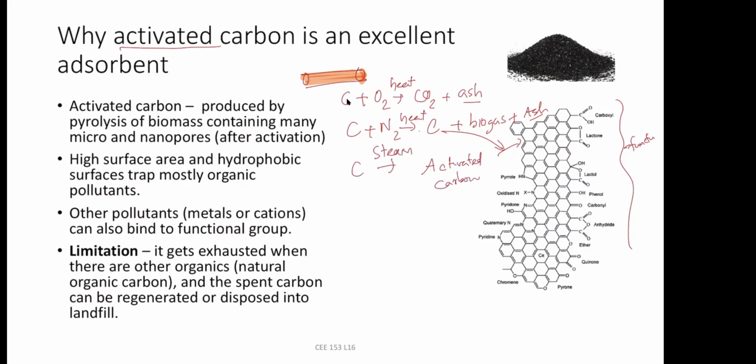It's not just steam. There are chemical methods. You can add acidic solution or basic solution to dissolve anything inside those pores, all the ash and all that stuff, so that it becomes activated. What it means? Activated means it clears up the pores, so that those are now accessible for adsorption. So that's how activated carbon is being produced.